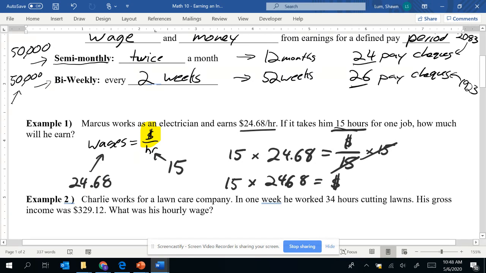So I take my calculator and I go 15 times 24.68 equals, and I get 370.2. Now that 0.2 means 20 cents, so I can write 0.20. So that's how much money this person makes right here.